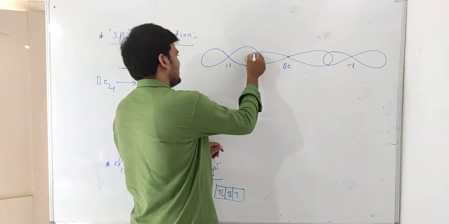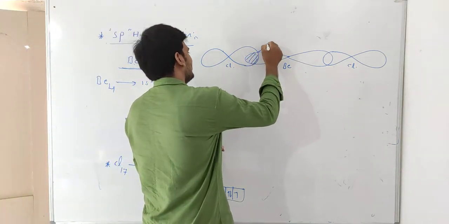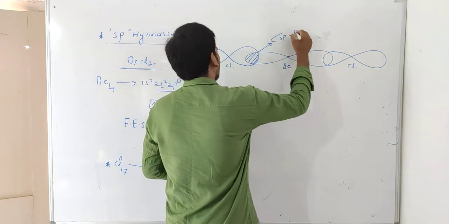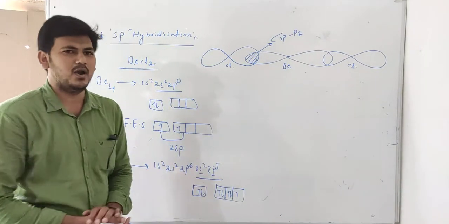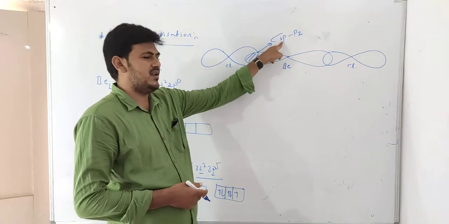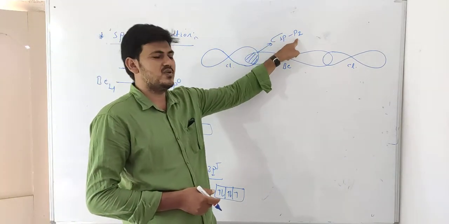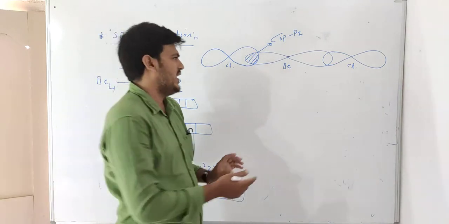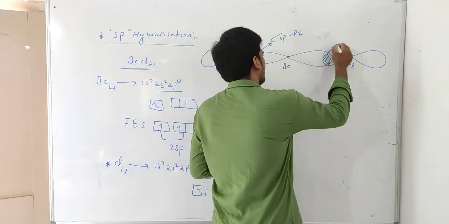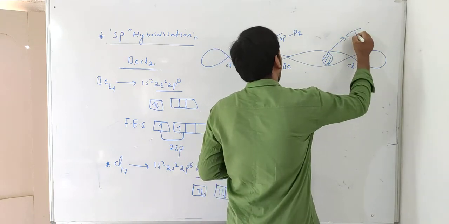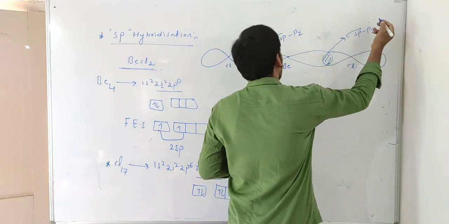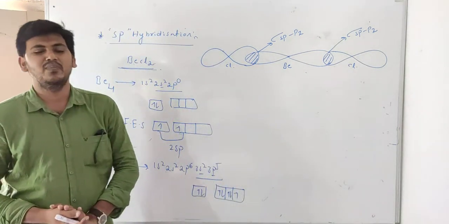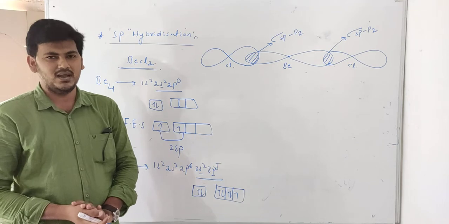And this is a sigma sp-pz bond: the sp hybrid orbital and the pz orbital of the chlorine atom. Next one, the same, a sigma sp-pz bond. So this is the orbital structure of beryllium chloride.